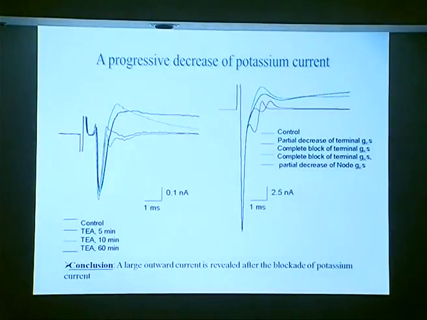Now, in this slide, in order to reveal the outer currents on the node, in the experiment on the left side, TEA was inserted in the bath, and you can see that after 60 minutes, on the green curve, a green outward current was revealed.